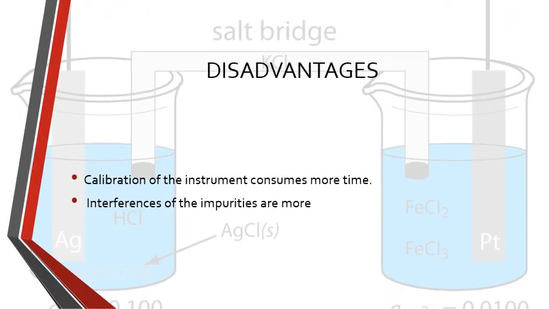On the downsides, potentiometry requires careful calibration and maintenance of electrodes to ensure accuracy. Some electrodes can be fragile or sensitive to fouling, and the method may not be suitable for very low or high concentrations of analyte.